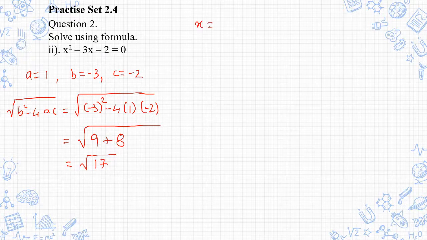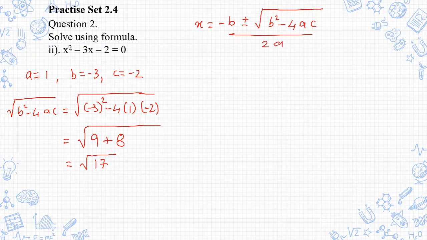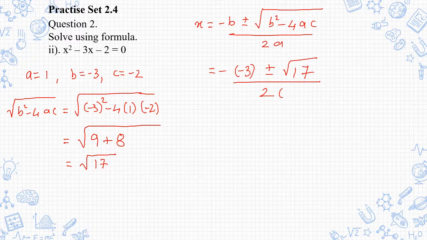The formula is minus b plus minus under root of b square minus 4ac upon 2a. Substitute all of the values. B is minus 3, so this becomes minus of minus 3 plus minus under root of b square minus 4ac, and we just found out under root of b square minus 4ac is root of 17 upon 2 into a, that is 1.